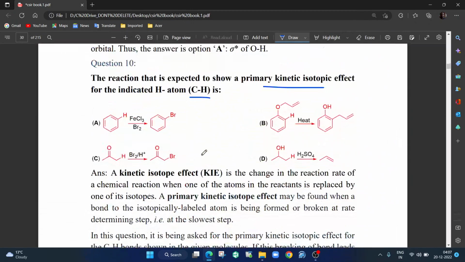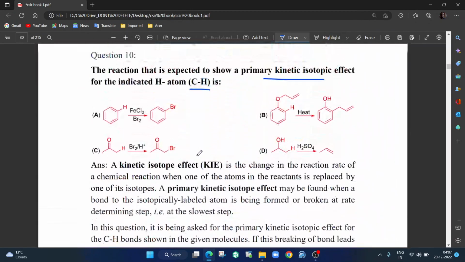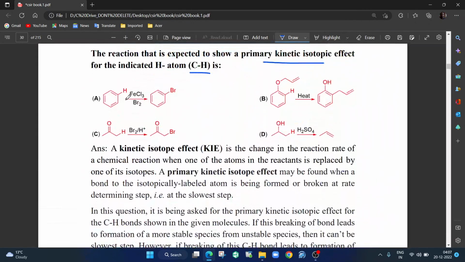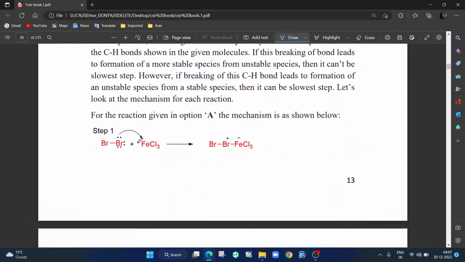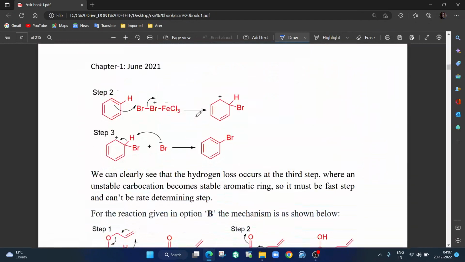So, let us look at each reaction one by one. Let us look at the first reaction. First reaction of course is Friedel-Crafts. It is not Friedel-Crafts, yeah, it is a halogenation on benzene. So, an electrophilic substitution reaction where hydrogen is being replaced by bromine. First of course bromine comes and attacks here, you get this, and then this goes and attacks here to get an unstable species.